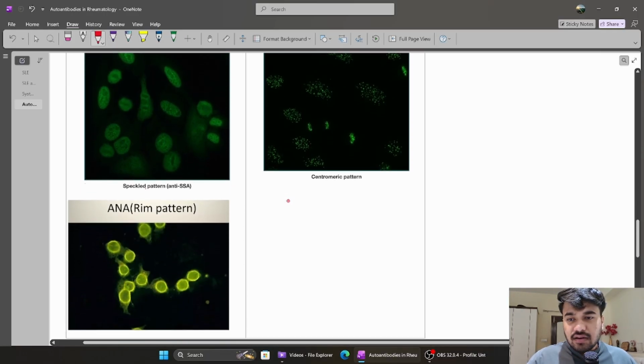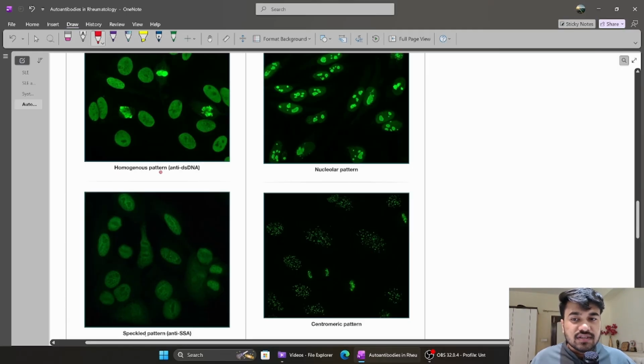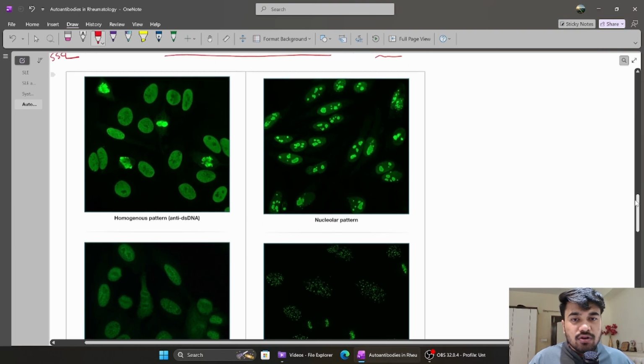Compare this with the rim pattern. Now, as you can see in the rim pattern, the entire nucleus is not stained. Only the rim or the periphery is stained, which is enhanced. In homogeneous pattern, there is diffuse staining homogeneously, while in speckled pattern, there are certain dark spots on the diffusely stained nucleus. Then we have the nucleolar pattern. In nucleolar pattern, only the nucleoli inside the nucleus are stained. The entire nucleus is not stained.